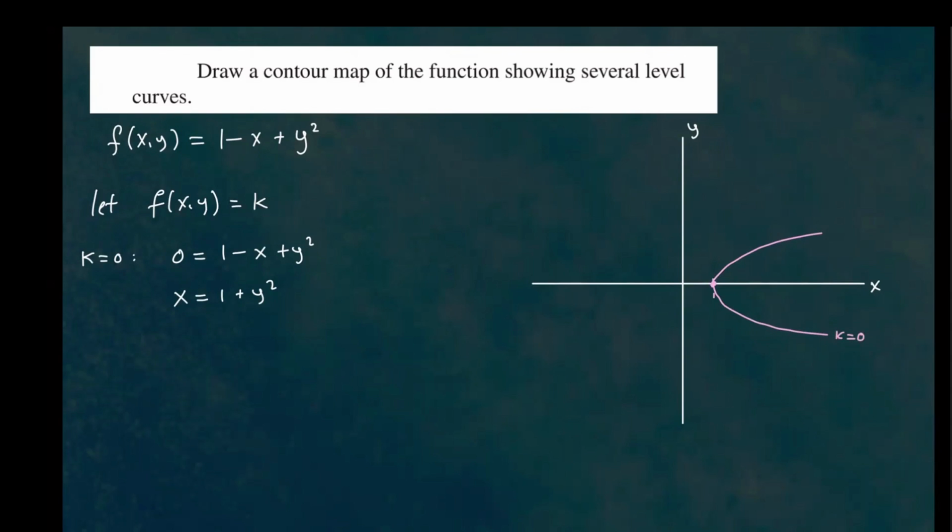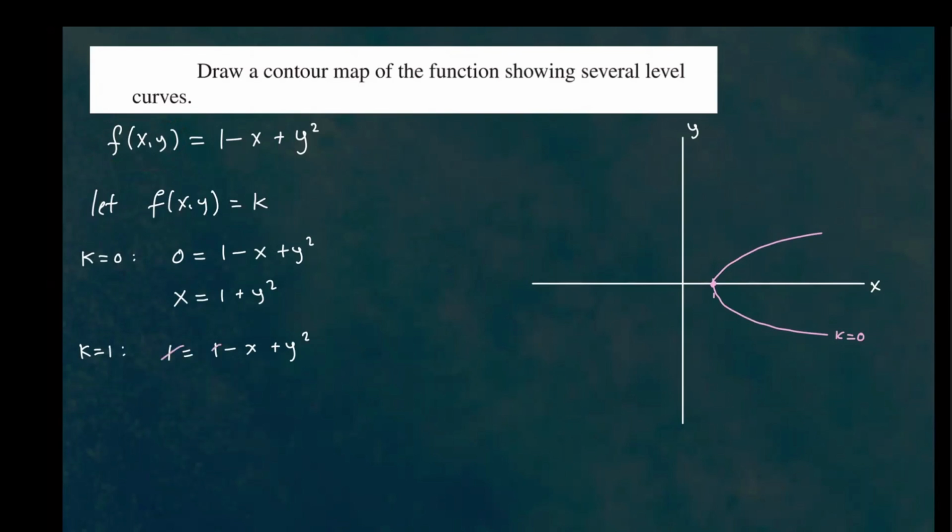And then you just create a couple more, just to have an idea how the contour map is generated. So the next convenient value I'm going to choose is k equals 1. If I let k be 1, then my equation becomes the following. Again, I'm replacing f with 1 here. So you'll have 1 is equal to 1 minus x plus y squared. Again, you have an equation in 2-dimension, and the 1 will cancel out.